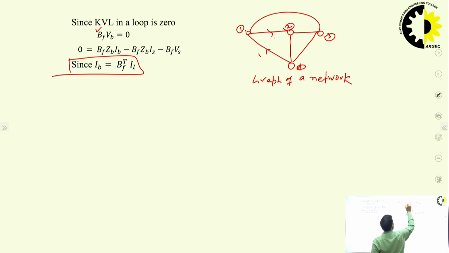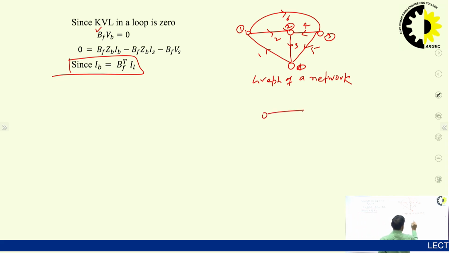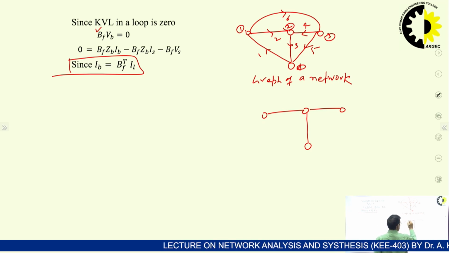This is the oriented graph, with branches 1, 2, 3, 4, 5, 6. Now to write a fundamental tie-set, what we have to do is select a tree. So this is one tree of this graph. There are n number of trees.